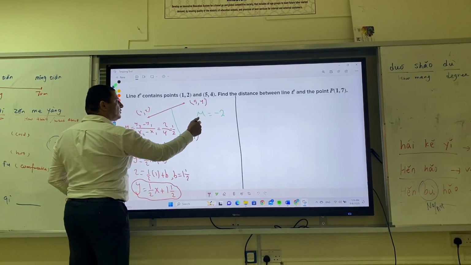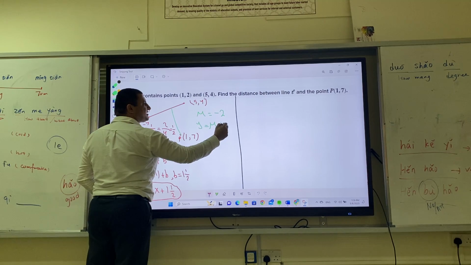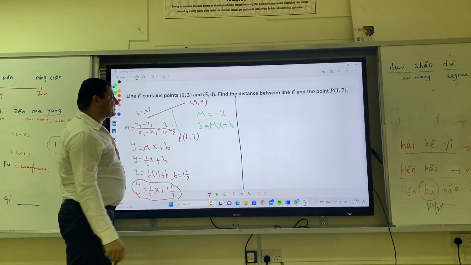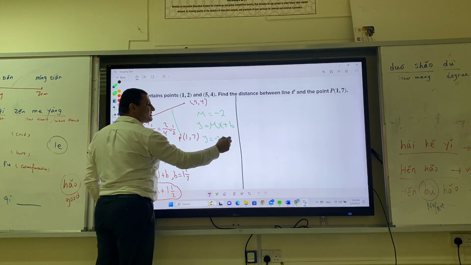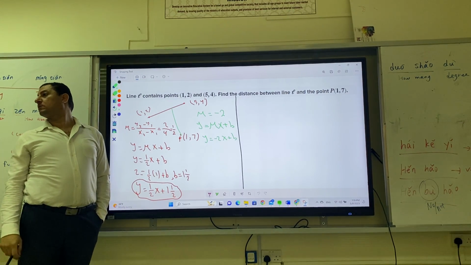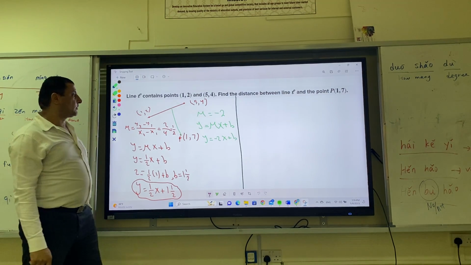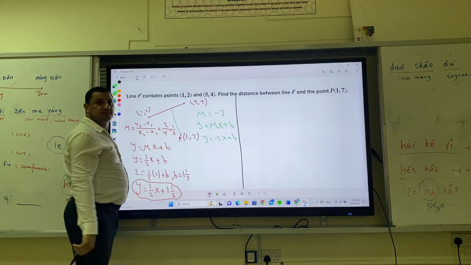Alright? I will also write y equals mx plus b. Substituting this m here, so y equals -2x plus b. Y and x are given in a point, so I will replace them.